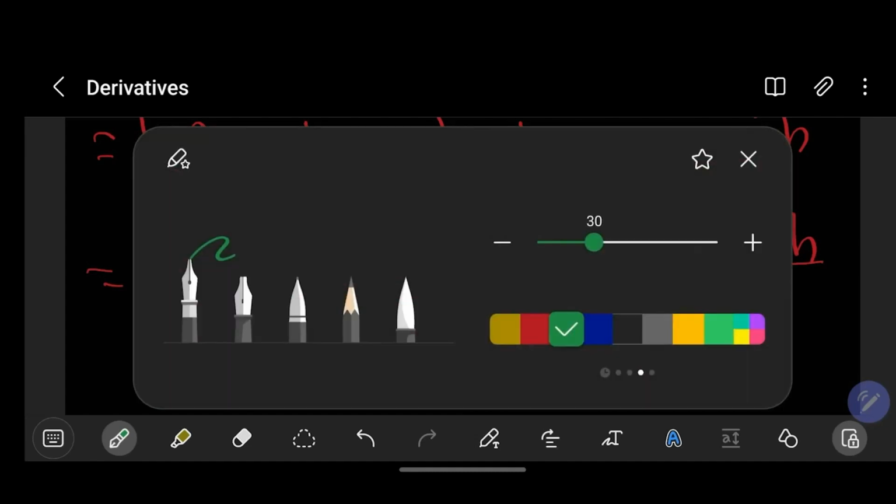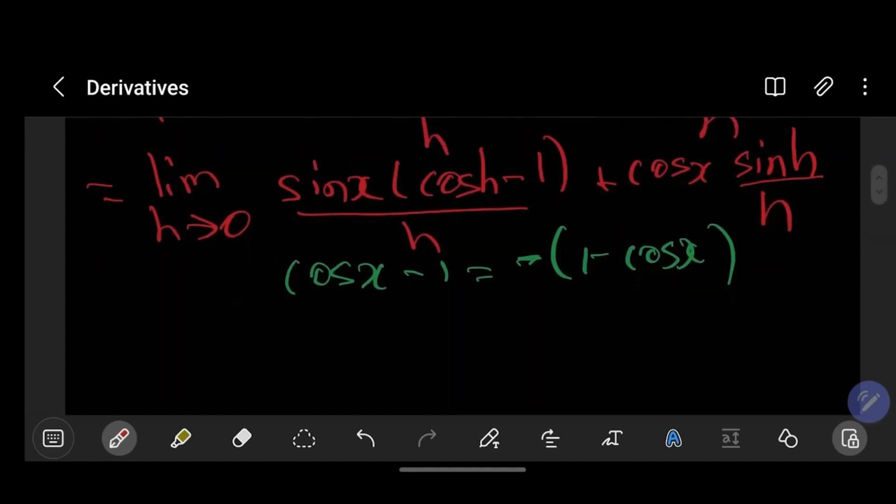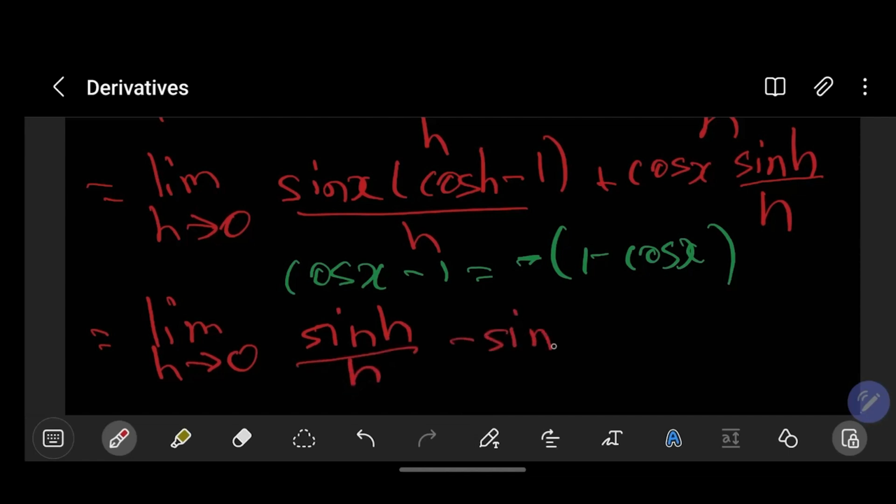So using this, we can say this is equal to the limit as h approaches 0 of sine of h over h minus sine of x into 1 minus cos of h over h.